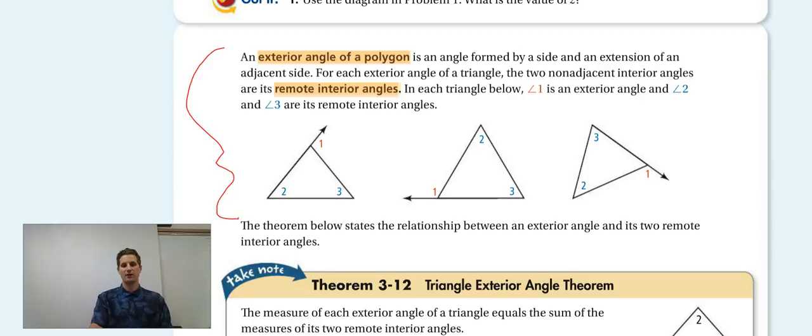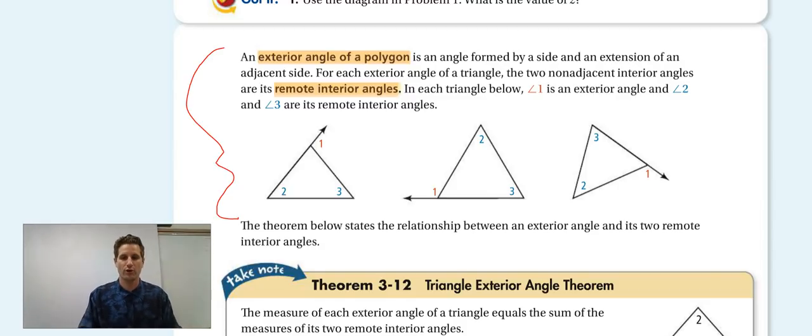Next, I would like you guys to write this as well. An exterior angle of a polygon is formed by the side and an extension of the adjacent side. So here in the picture below, all the angle ones are exterior. This makes sense. Exterior means you're on the outside, and this is on the outside of a triangle.